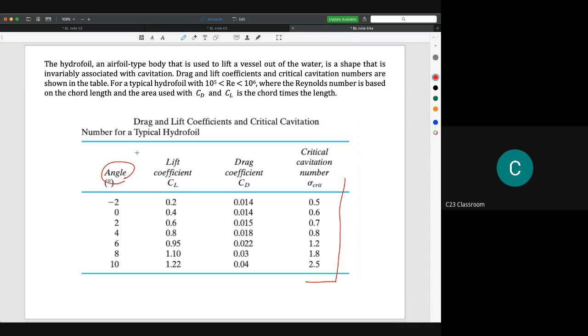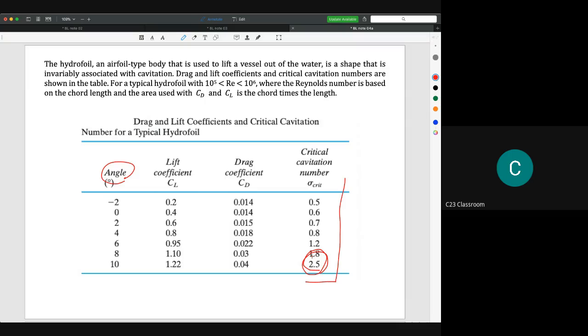Because we are using a hydrofoil, we could see that as we increase the angle, the critical cavitation number increases, which means the possibility of cavitation is increased, because we need to make sure that the pressure is maintained, so the cavitation number needs to increase this value.